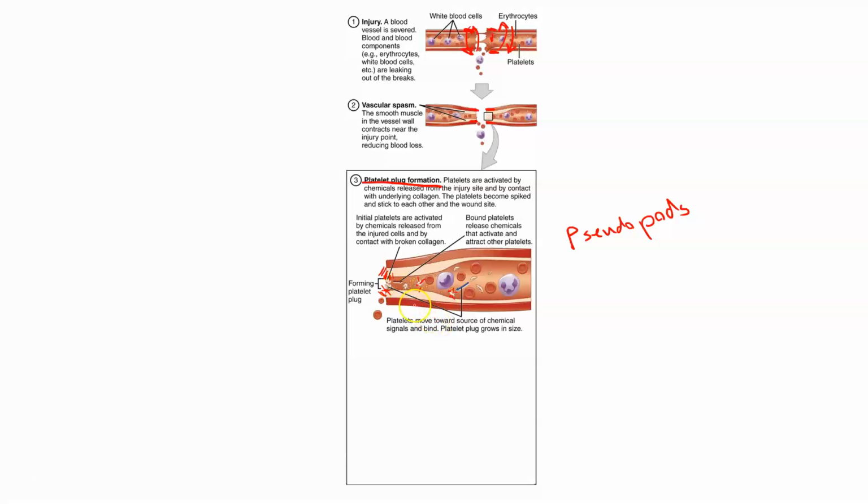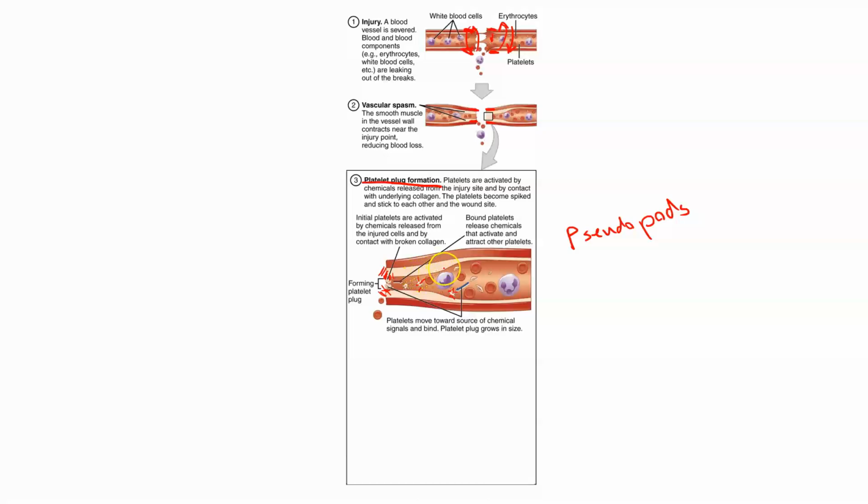Also, they can be activated by just chemicals, cytokines released by damaged cells in this area. So either of those two ways, the collagen being stuck out there or the chemicals, will lead to an increase in how sticky they are. And they're really good at grabbing onto collagen.